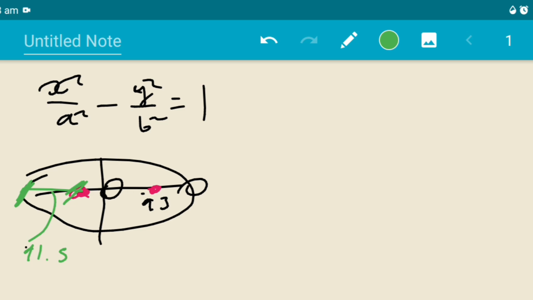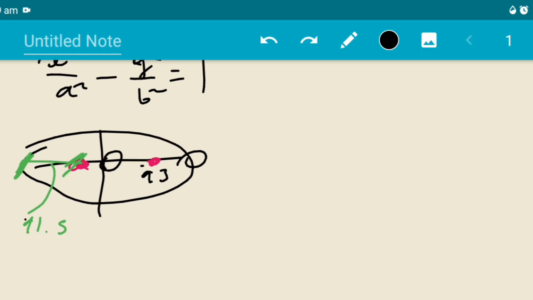Now to find the equation, we need to have a, and we need to have b as well. To find those, we can use a squared is equal to b squared plus c squared. We can first find our c. With that c found, we can now use it to find b and a.